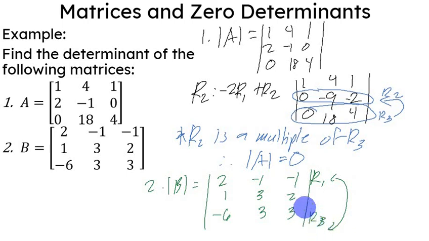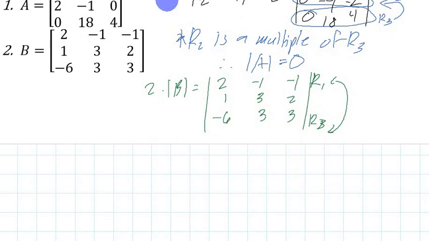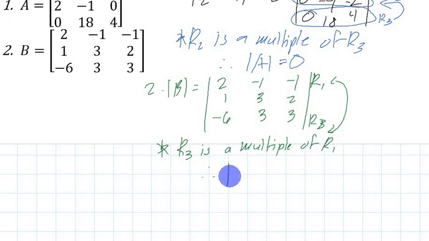If we multiply -3 to row 1, we get row 3. In other words, row 3 is a multiple of row 1. So therefore, the determinant of B is 0 as well.